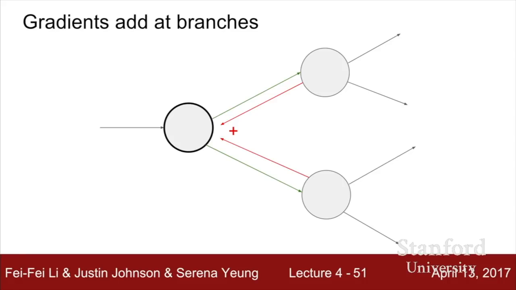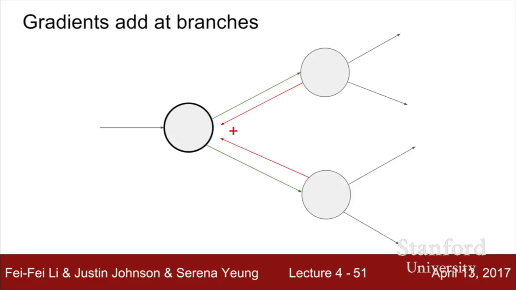Okay, and so one other thing to note is that when we have a place where one node is connected to multiple nodes, the gradients add up at this node. So at these branches, using the multivariate chain rule, we're just going to take the value of the upstream gradient coming back from each of these nodes, and we'll add these together to get the total upstream gradient that's flowing back into this node. You can see this from the multivariate chain rule.